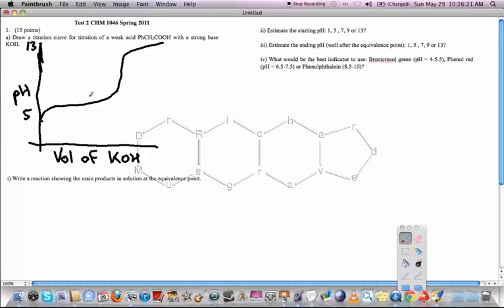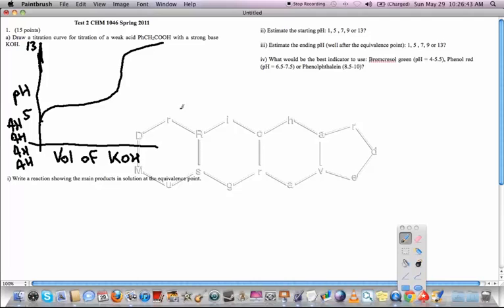So let's look at what's going on here at the very beginning. What we might have is, let's say we've got just this weak acid, and I'm going to call this AH. And let's say we've got 4 of those present at the very beginning.